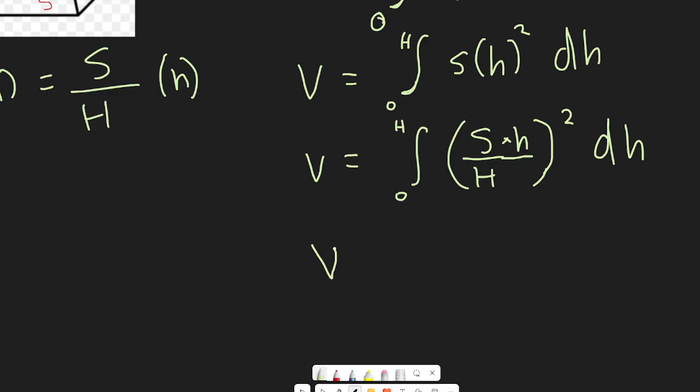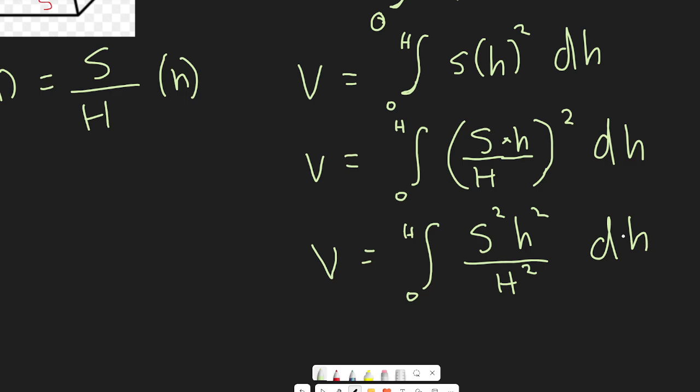So you can use a little bit of algebra. You just say integral of 0 to H, and then S squared h squared divided by uppercase H squared dh. Okay, so if you remember from what I said before, uppercase S is a constant and uppercase H is also a constant because they're set values.